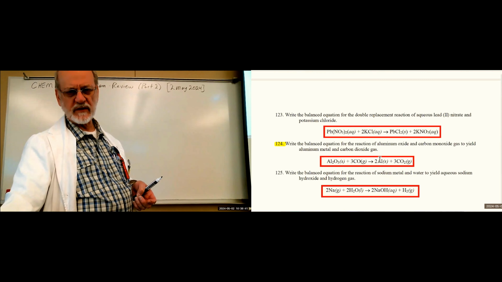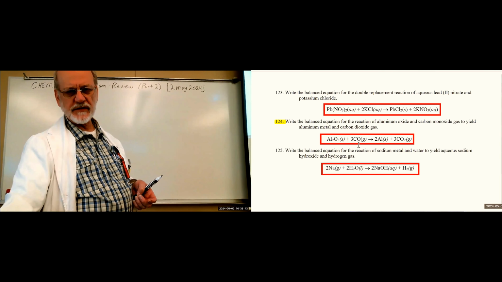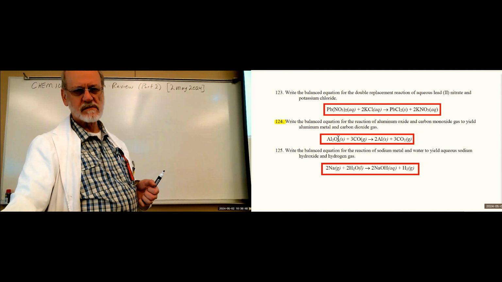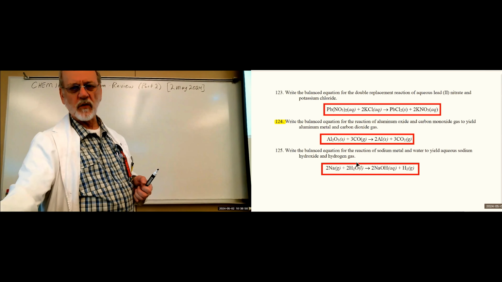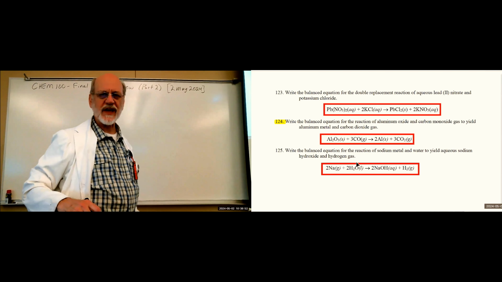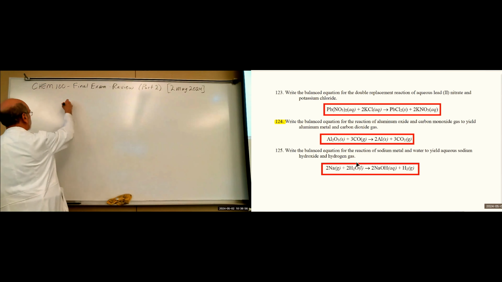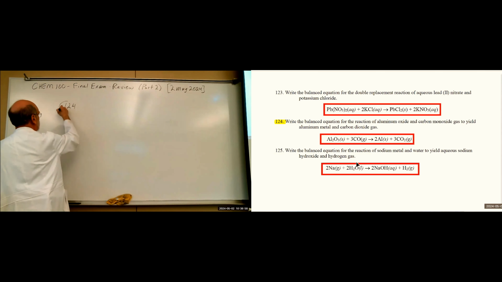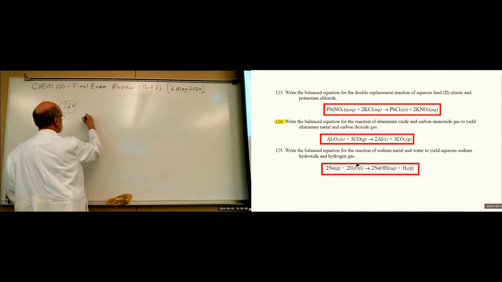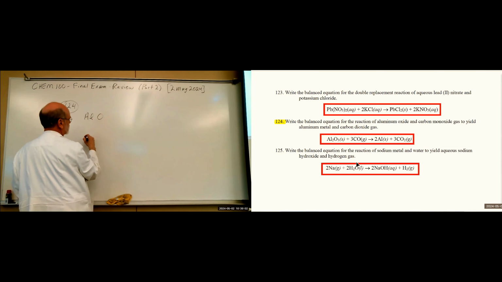Let's see, what's on the next page? This looks like a redox reaction. So write the balanced equation of aluminum oxide and carbon monoxide. Let's see, 124. Aluminum oxide.